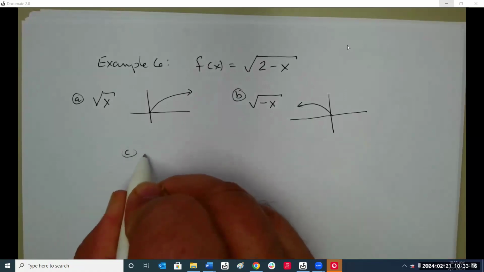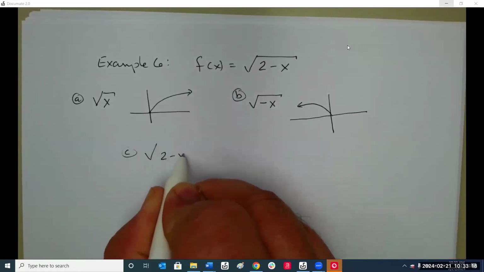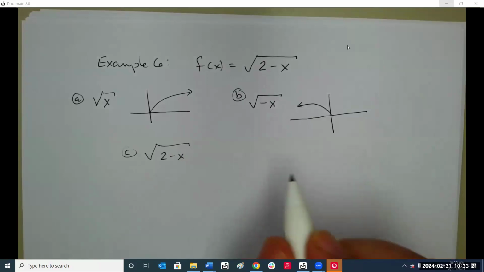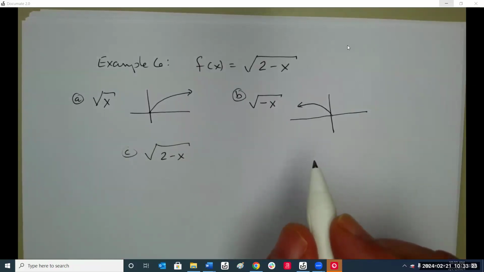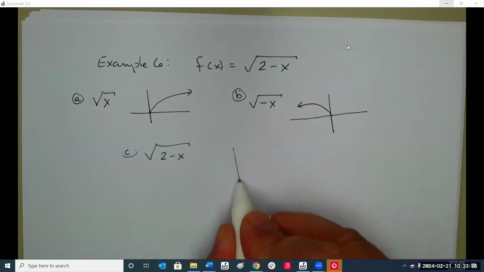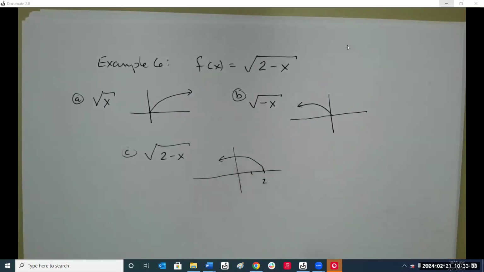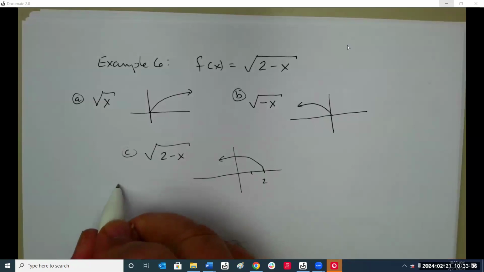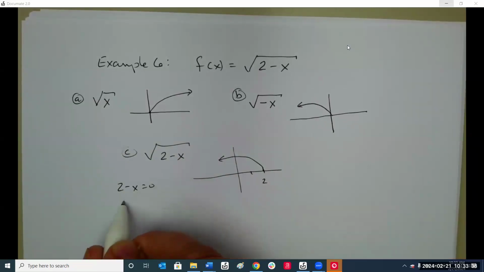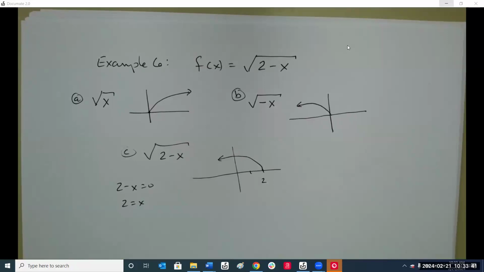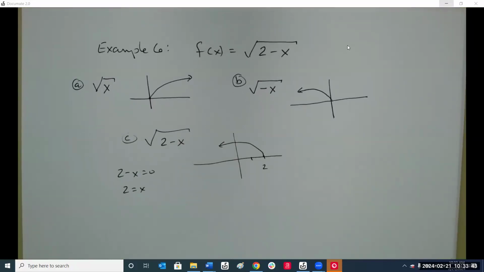And then lastly, we have 2 minus x. So which direction, how many places do we shift? It moves to the right 2 spaces. Because again, you take what's inside there, set it equal to 0. Our new 0 is at 2.